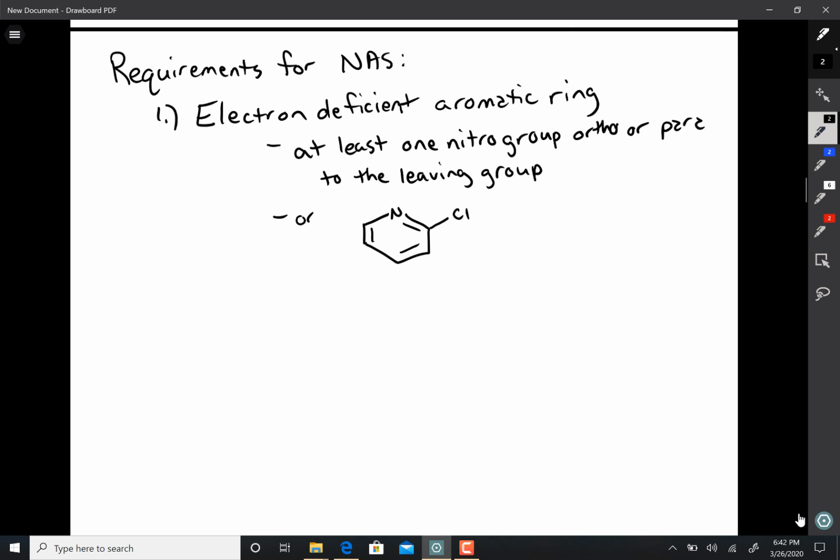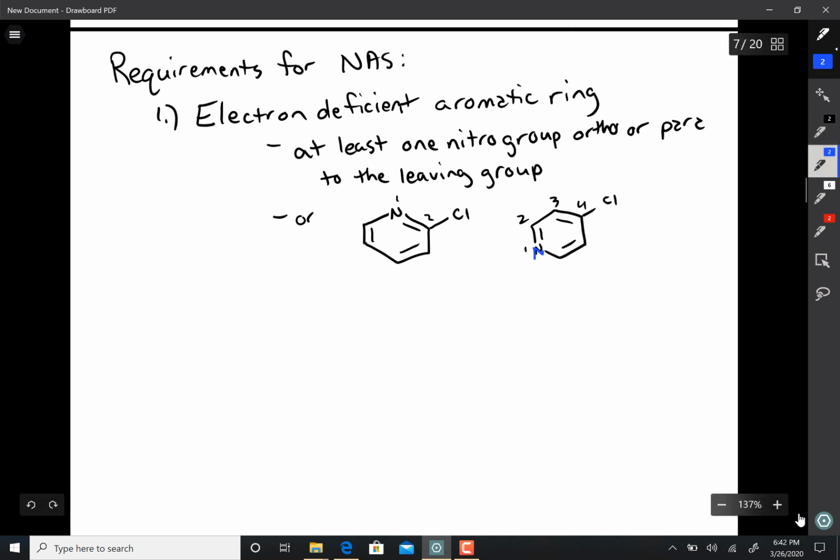But you need to have your leaving group either right next to it, so in the 2 position, right next to the nitrogen, or you need to have it in the 4 position, because in the resulting carbanion intermediate, it puts the electron density onto the nitrogen in these 2 patterns.